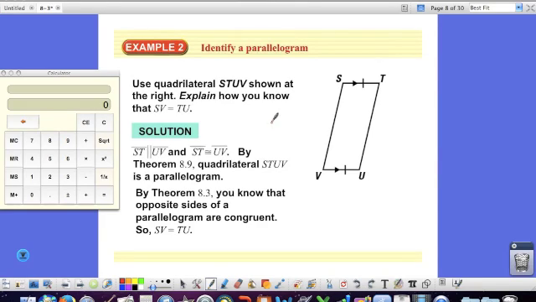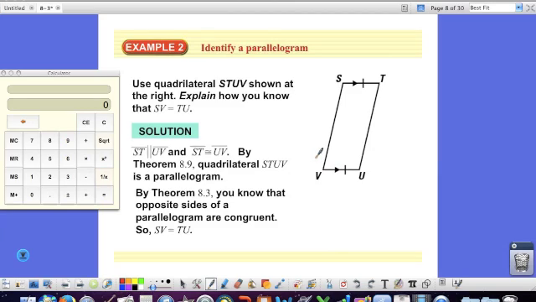An example of this, use quadrilateral STUV shown at the right. How do you know that SV is equal to TU? Well, theorem 8.9 tells us that if two opposite sides of a quadrilateral are parallel and congruent, it's a parallelogram.